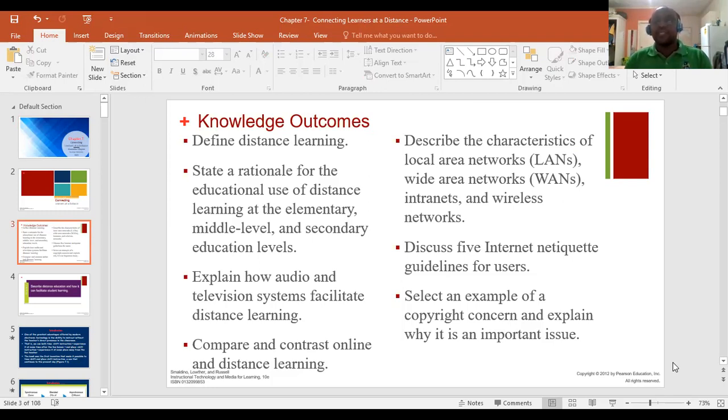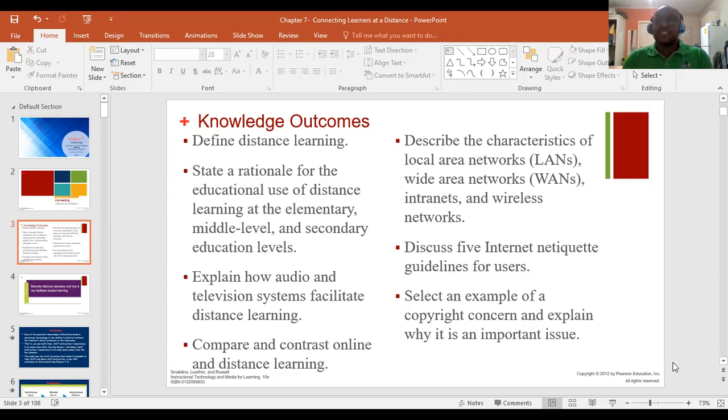Describe characteristics of local area networks, commonly known as the LANs, and I'm sure you dealt with these aspects if you did ICT in education, and also wide area networks, intranets, and wireless networks.